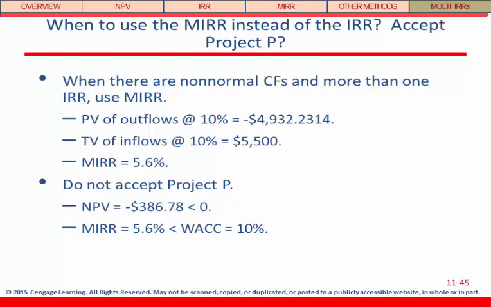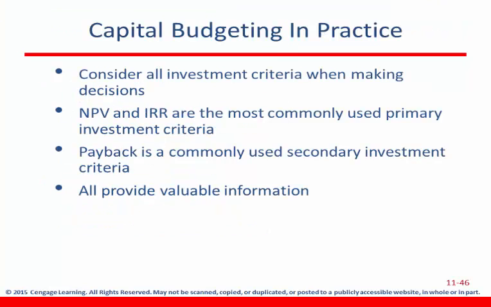And I'm glad that we brought that example back to show the power of NPV there. So let's wrap this up with a summary. Now, capital budgeting in practice is really going to consider all of these tools, but remember, NPV is going to be the trump card.